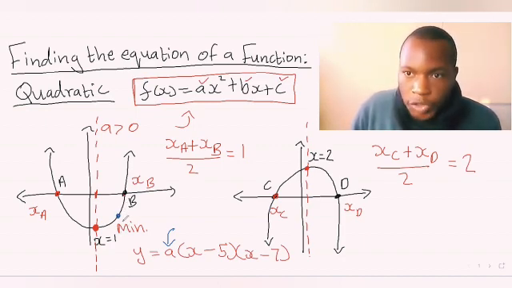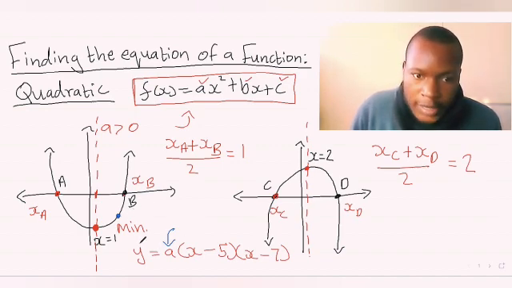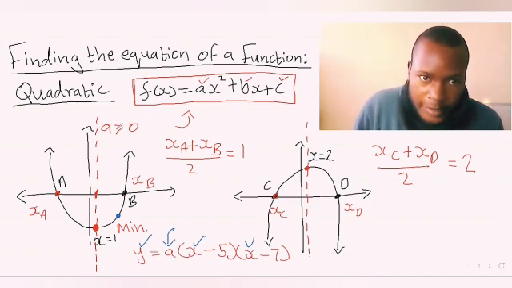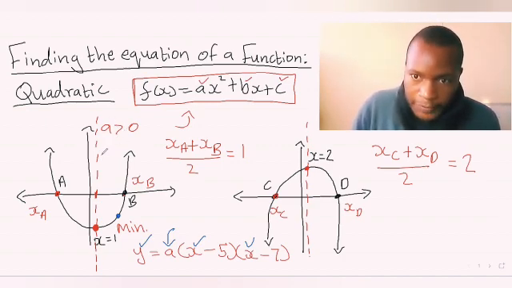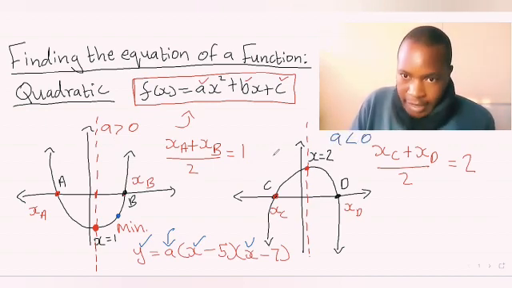Whatever point you're given, you can sub in for the y as well as the x, and that enables you to find a. Also remember that for this first sketch a needs to be positive, whilst for the second sketch a needs to be negative.